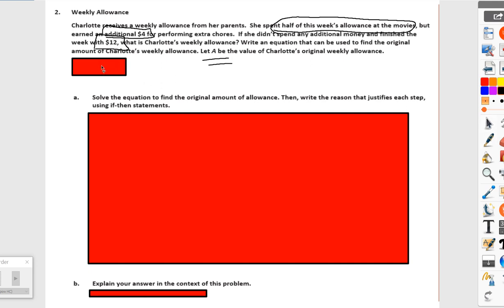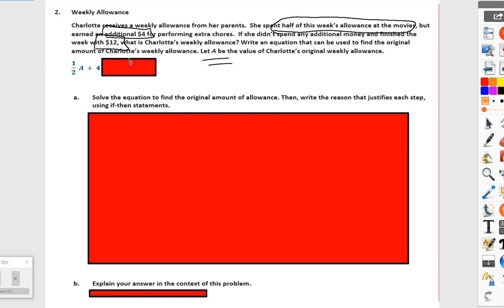So let's take a look at it. Let's start with the first part of it. Half of her allowance. She spent half of her allowance, but she earned even more. So how do you write that she earned an additional 4? You got it. We're going to add that 4 on there, right?